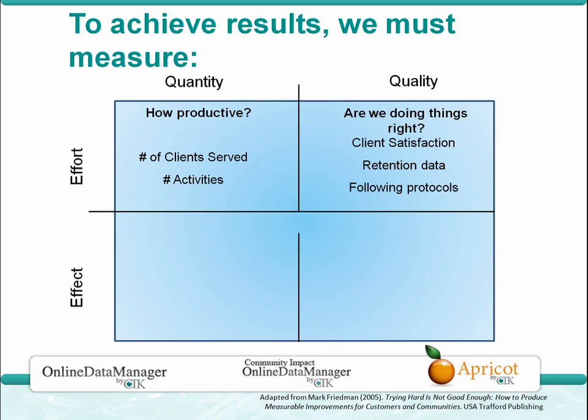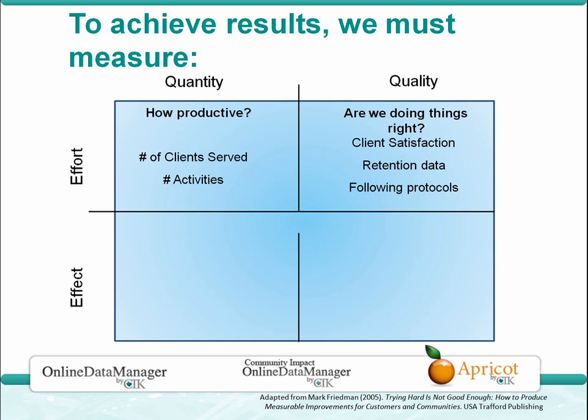So one of the things that I've really stressed with agencies is you have to be very clear about tracking your retention data so you do know how long people are in your program. The other key is following protocols. If you have something that's working, you want to make sure you know how you're doing it and how you're collecting information so you can respond with the appropriate protocols, the appropriate processes, procedures that the agency is following.